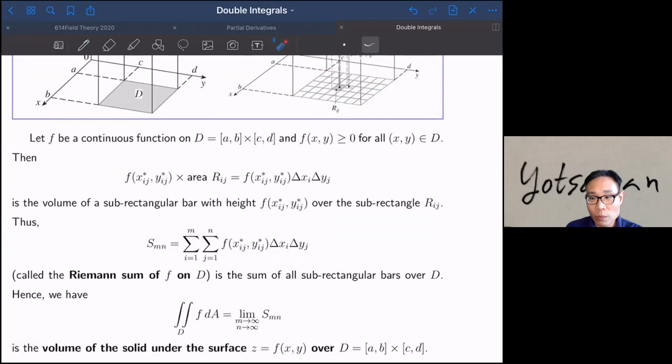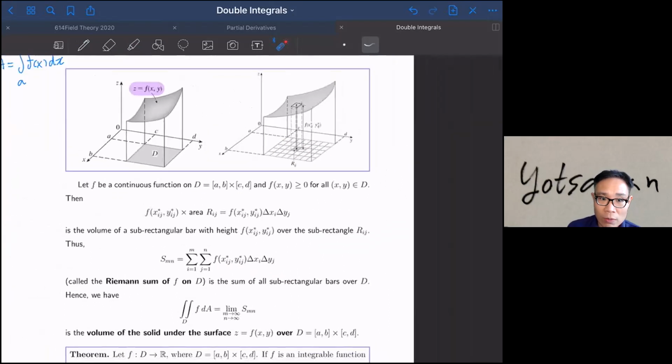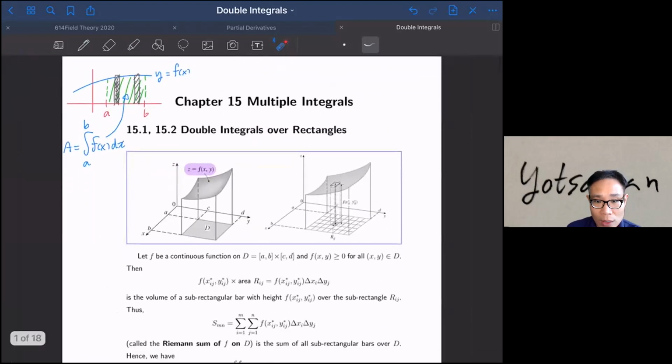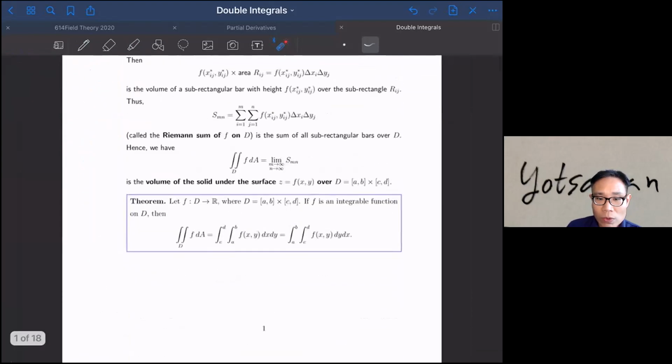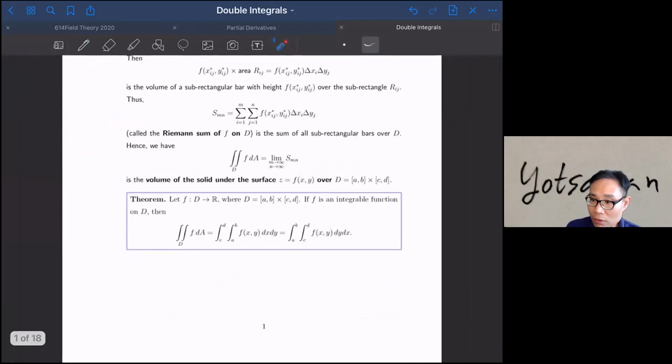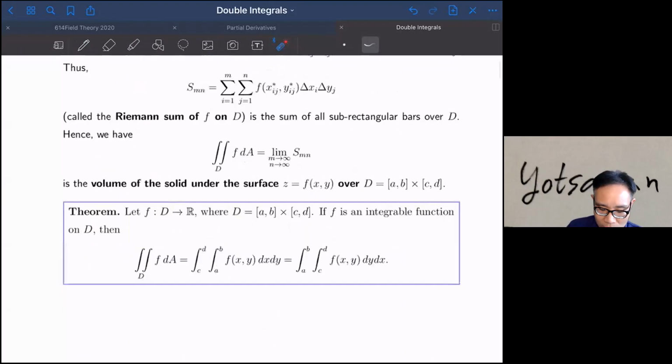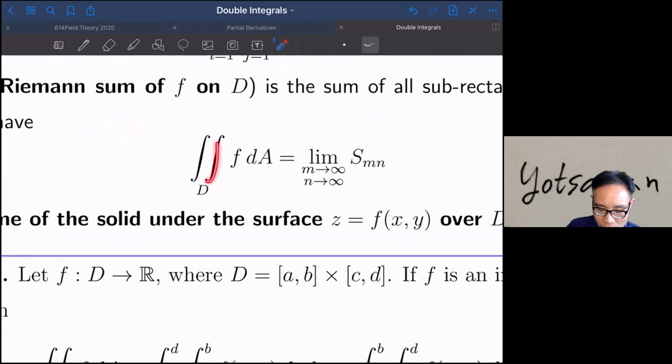However, it turns out to be two-dimensional, not one-dimensional like the area that we had in calculus 1. So this one will be written in terms of the double integral instead. Instead of one integral, it's going to be two integrals.